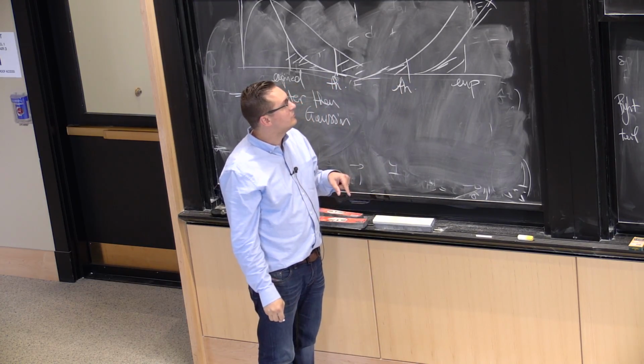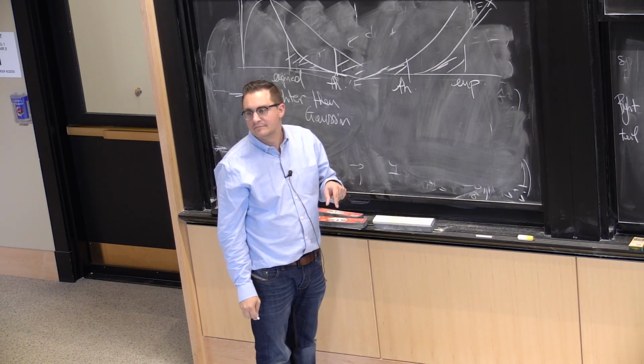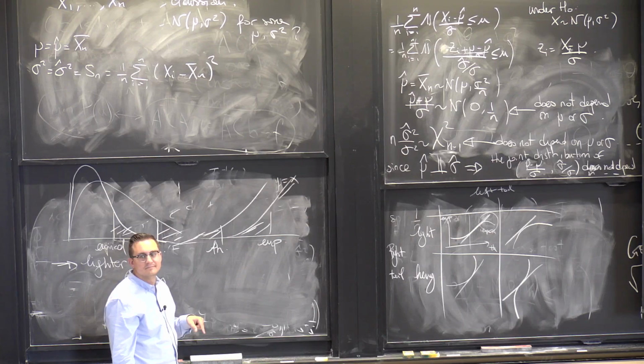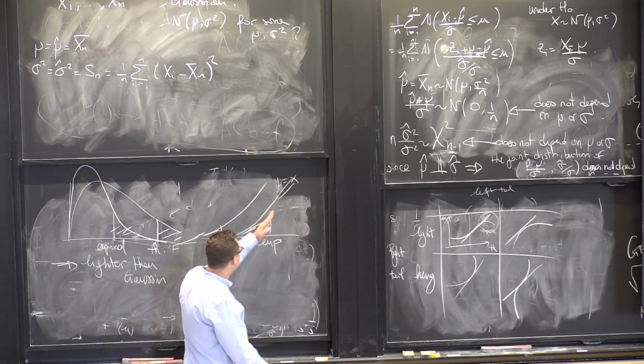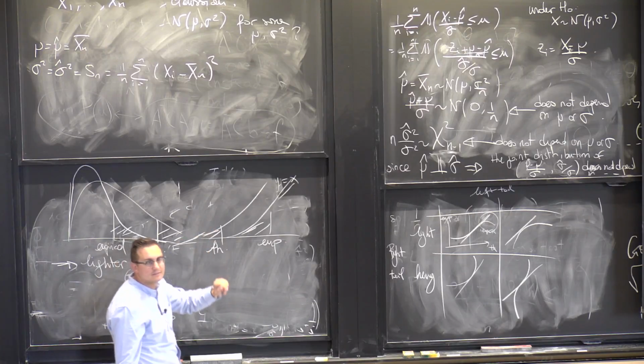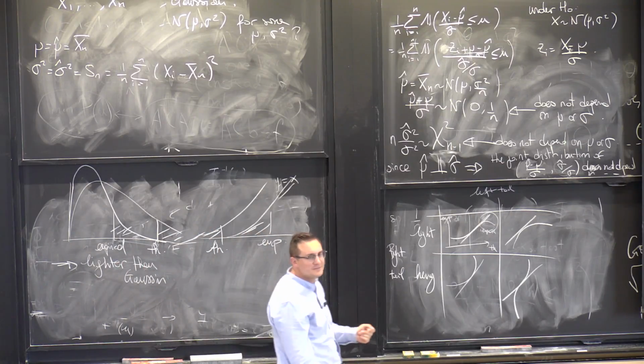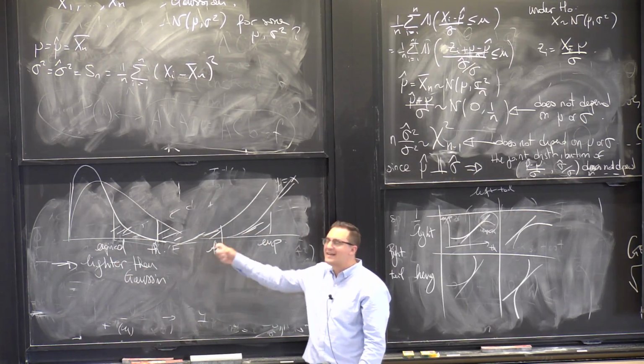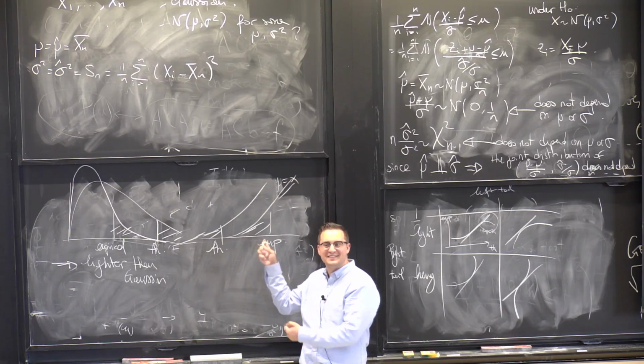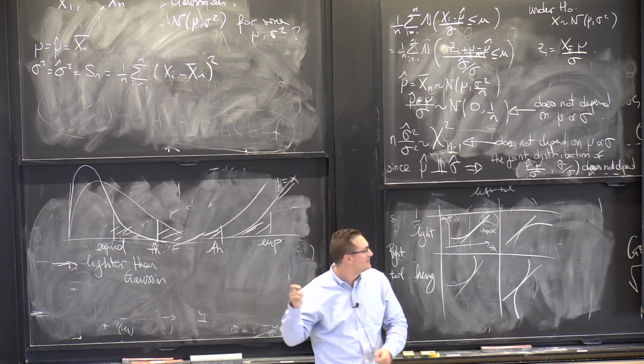So are my tails heavier or lighter? They're lighter. That was a bad bias. It's below, so it's lighter. The problem is that larger for the negative ones means that it's smaller in absolute value, right?